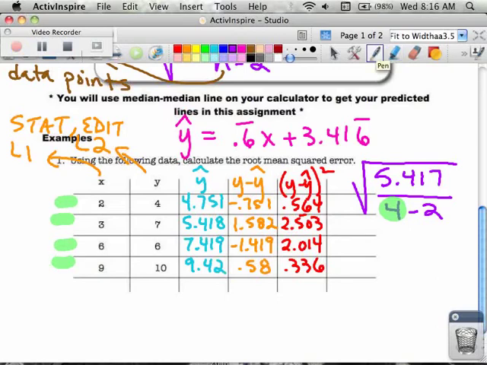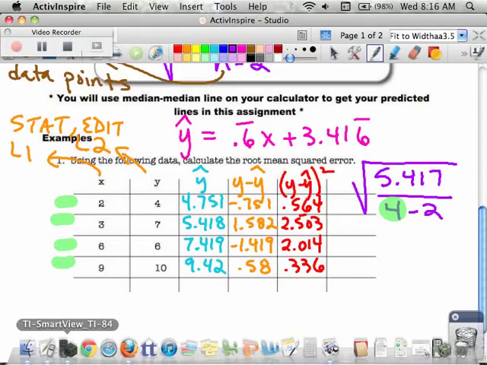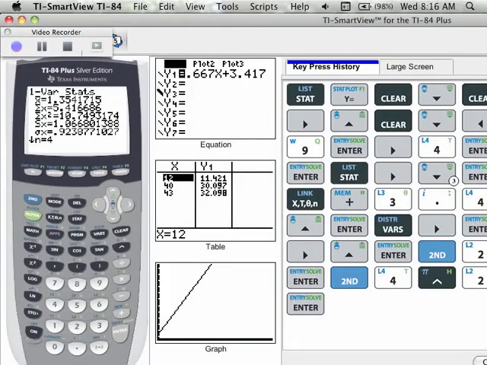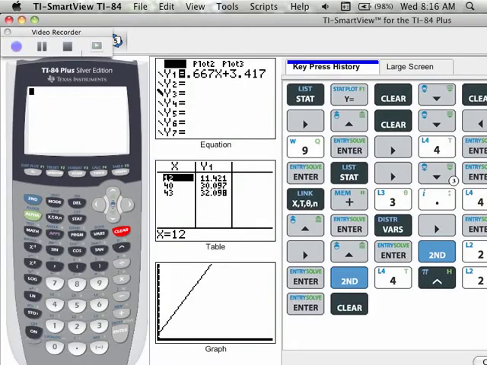So now I type in my calculator the square root of that stuff and see what happens. So I go back to my calculator and I quit out of this screen or clear, and I want the square root of 5.417, and instead of putting parentheses or whatever 4 minus 2, when I take 4 minus 2 I know it's 2, so I divide by 2.